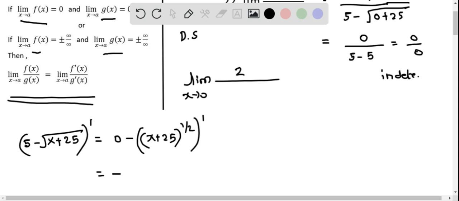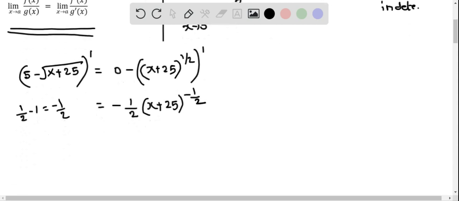So this is equal to, we have the negative already. I put the power in front and then reduce the power by 1. So this becomes x plus 25 raised to the power of 1 by 2 minus 1, which is negative 1 by 2. Now this could be simplified and written in positive powers as negative 1 by 2 times 1 over x plus 25 raised to the power of positive 1 by 2, which could be written as square root of x plus 25.